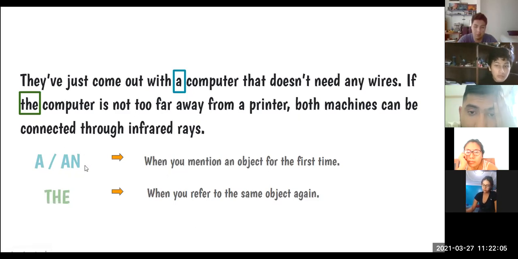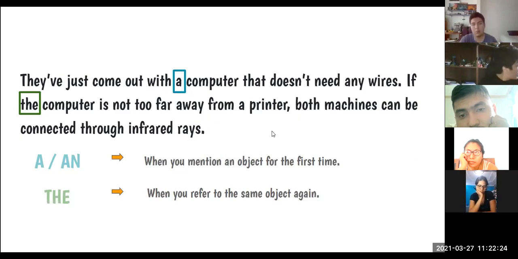Because English starts with a vowel. Okay, very good. I need an English book. The English book is about English history. Okay. Very good. So remember that when you mention something for the first time, you use a or an, and then the. Very good examples. Let's go to the next one.